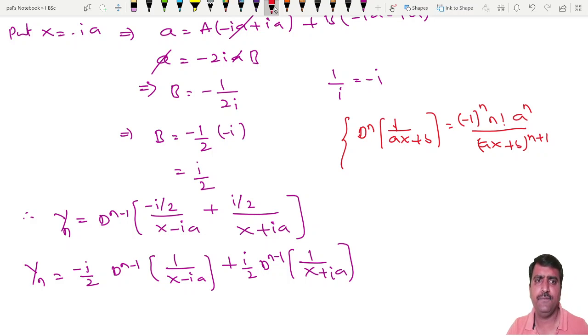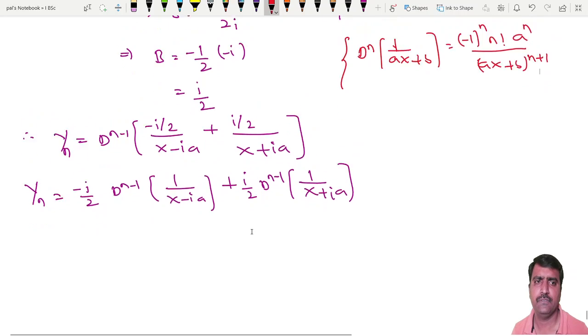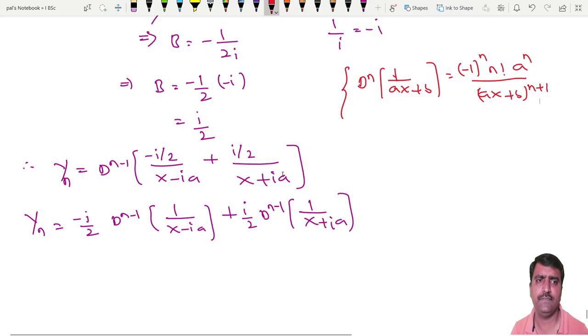By using the same formula here, in place of ax it is x, in place of b we have minus ia. So use the same formula for the n minus 1th differentiation.